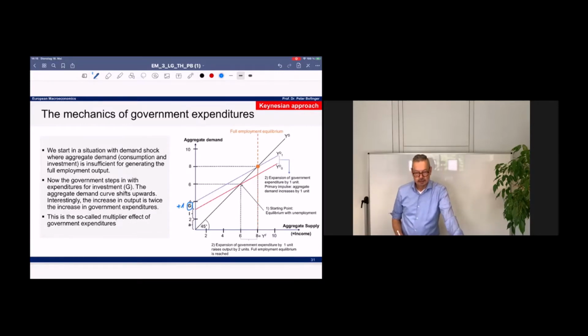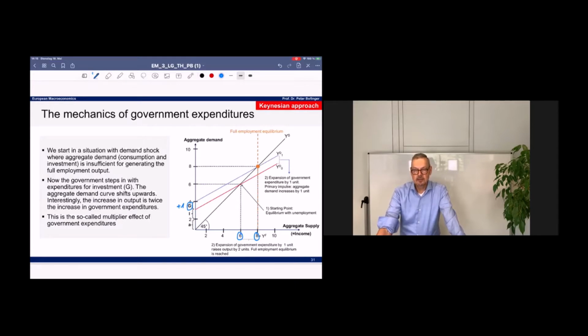And the interesting result is, by increasing government expenditures by 1 unit, you get an increase of aggregate demand and an increase of the equilibrium output by 2 units. A little mystery. So the government spends, let's say, 1 billion euros, and as a consequence, the equilibrium output increases by 2 units.